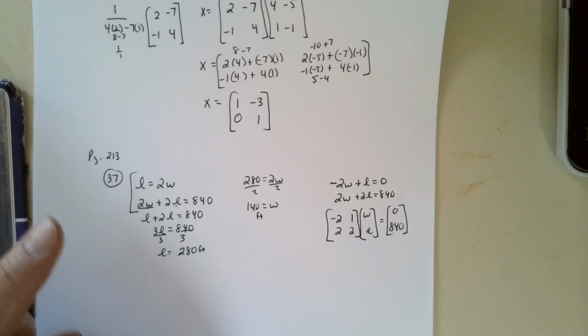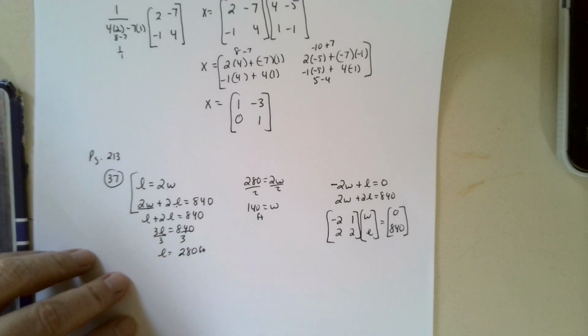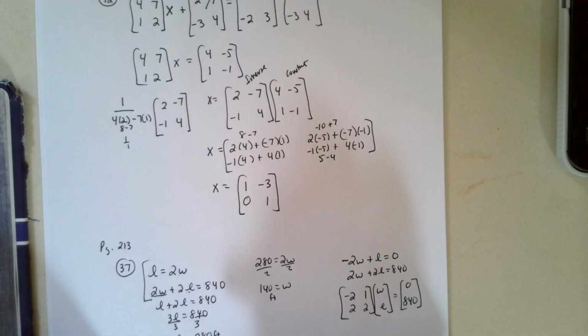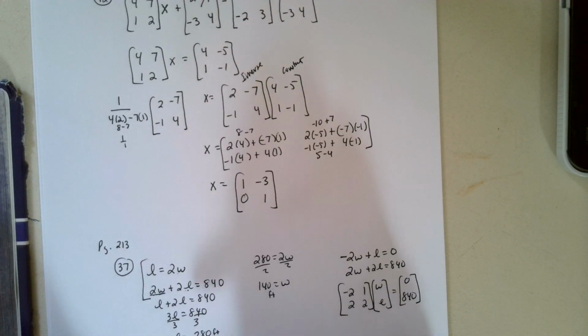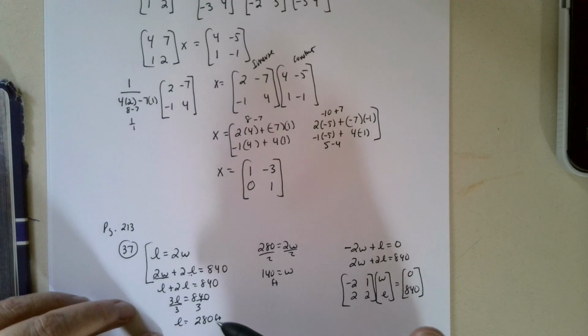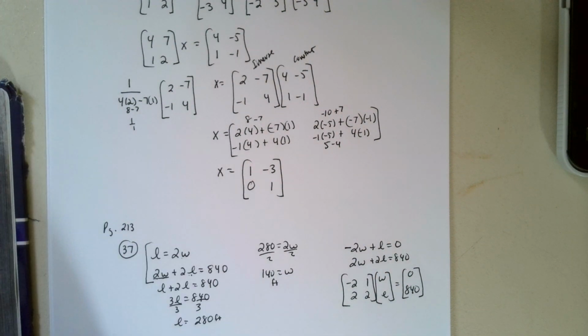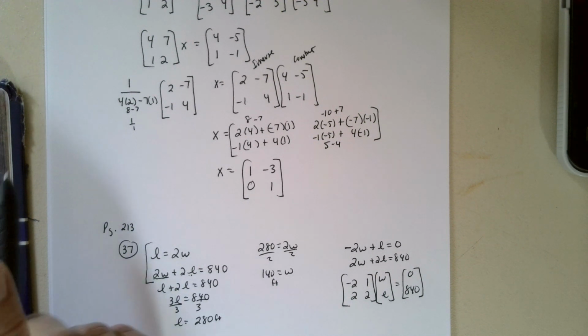Now on the other problems, the non-word problems, I definitely want you to be solving using the inverse matrices. But on the word problems, I know a lot of you kind of get nervous about those, and so with the word problem on the quiz, you don't have to use inverse matrices. You can, but you can also use other algebraic methods. But on the other problems, I want you to be sure and use inverse matrices.